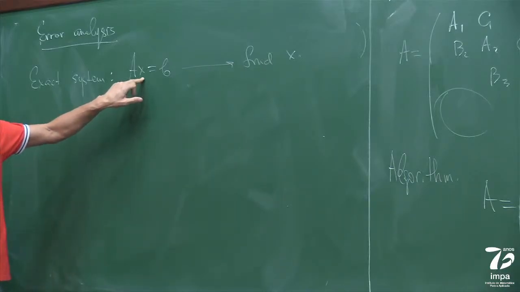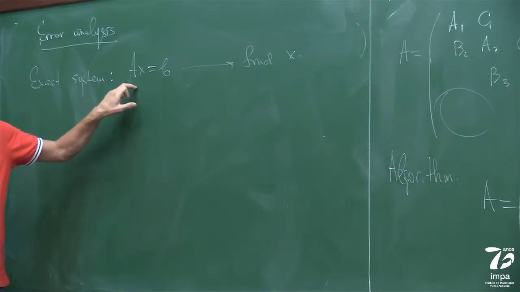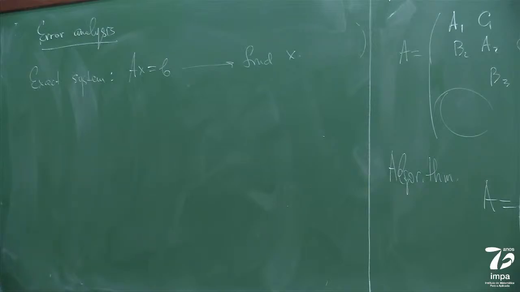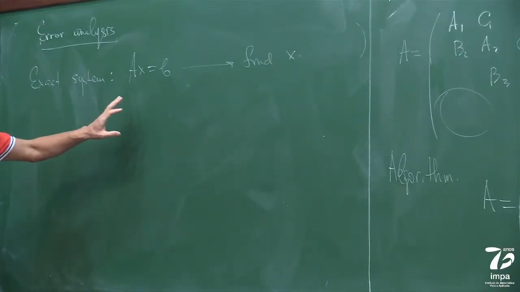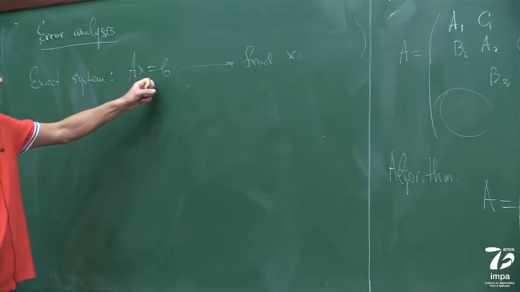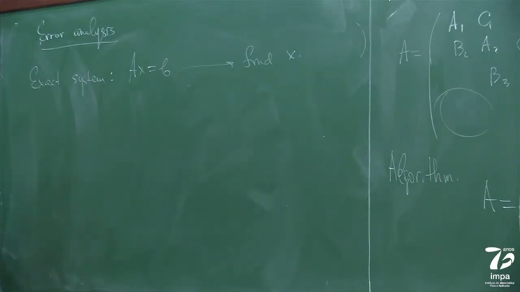So we have an error in X. Now we want to know how big the error in X is depending on the errors of the input data. You have input B, input A, with some errors, and you have some idea of how big they are. So you know how big the error of your solution will be, just assuming that all calculations are exact.